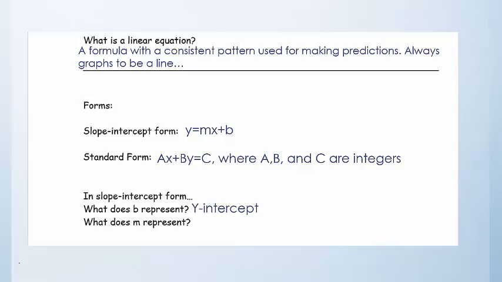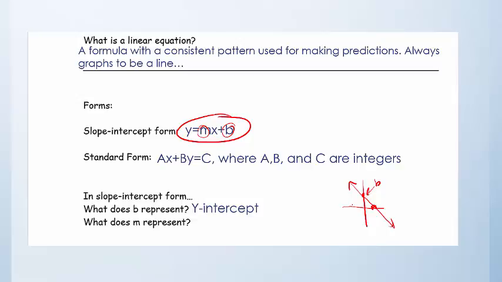So for slope-intercept form, the two letters that matter are your b and your m because they control your pattern. B is your y-intercept, or in other words, it's where you start. So if I wanted to plot a line, let's say this is my line. This is your b, your y-intercept, and that indicates the first point we put on our graph, and from there we can make a pattern.